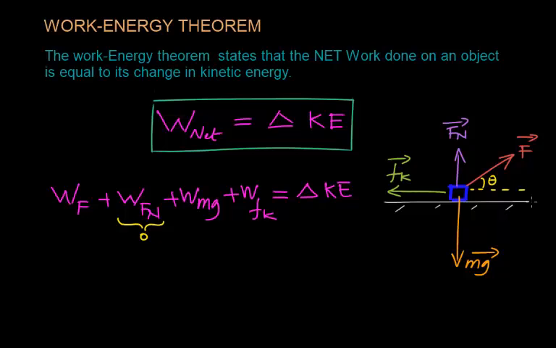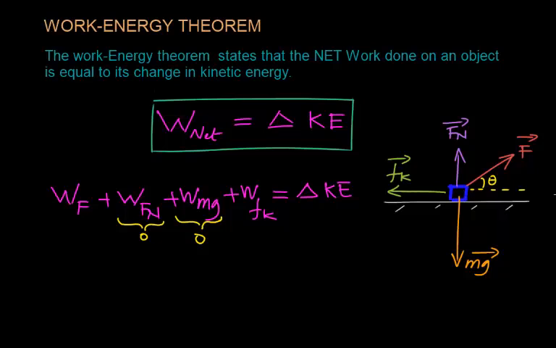And notice, anytime there is an object sliding on a horizontal surface or an inclined or a vertical surface, as long as there is sliding, the normal force is going to do 0 work. In this case, also mg does 0 work. It's not always, but in this case, mg is making a 90-degree angle with the displacement. The Fk, however, is acting in the opposite direction to the displacement.